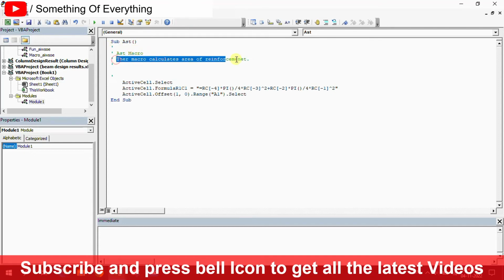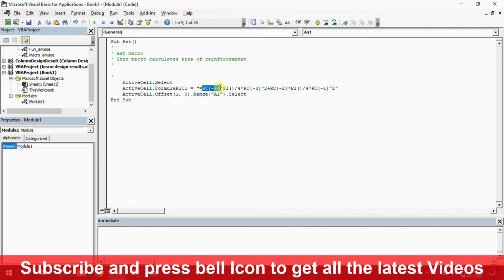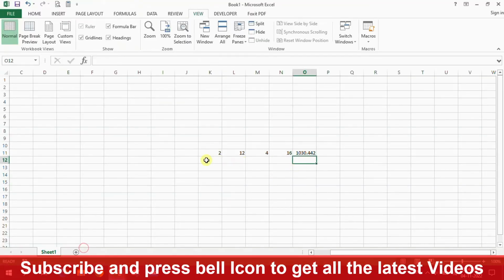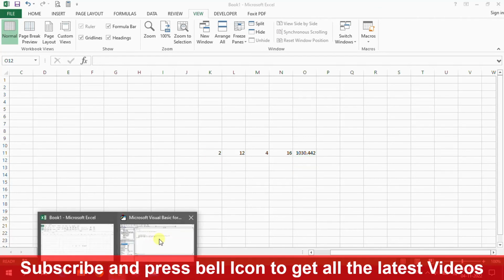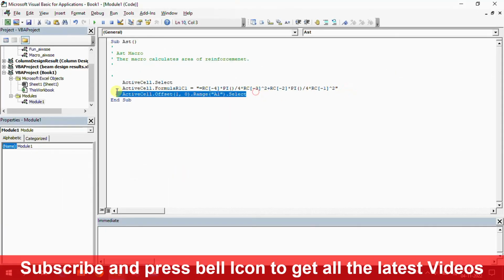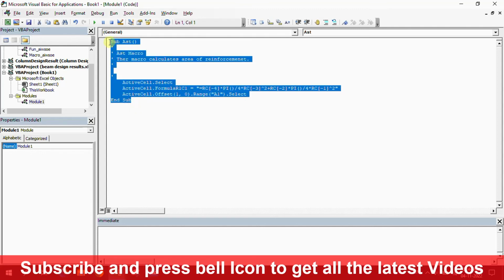AST, you have written the description, and what it does in the active cell is create the formula based on offsets, that is RC minus 4. That means row minus 4. It is R in RC because you have selected to use relative references. If you had not selected to use relative references, it would have written K12. Once it's done, the macro will close.